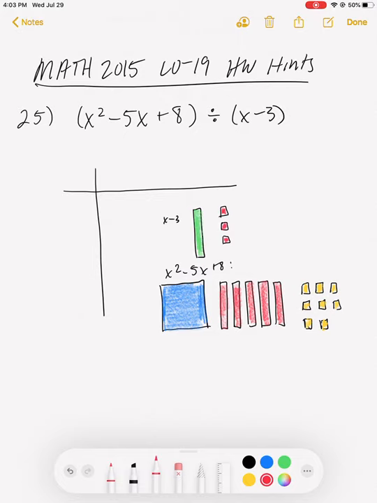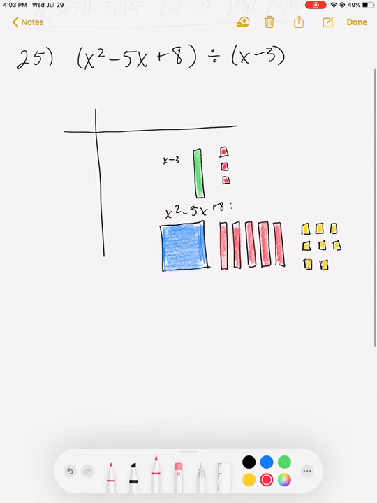So that's step 1. Step number 2 is we need to arrange, and we also have to keep track of our problem as well.